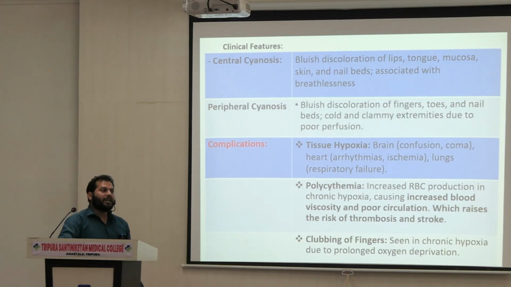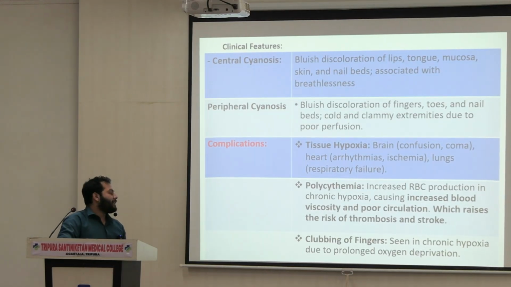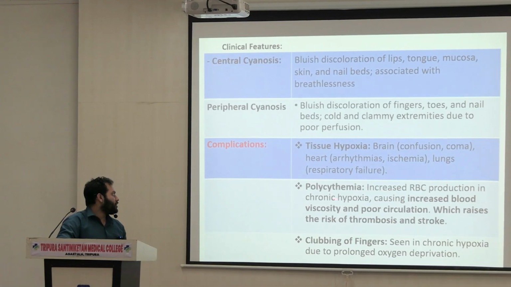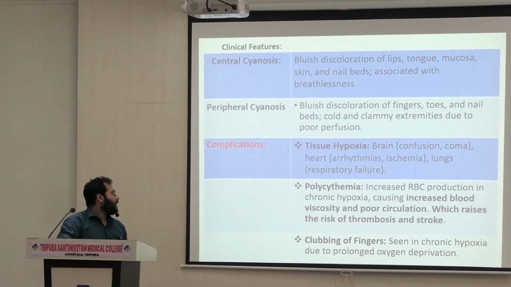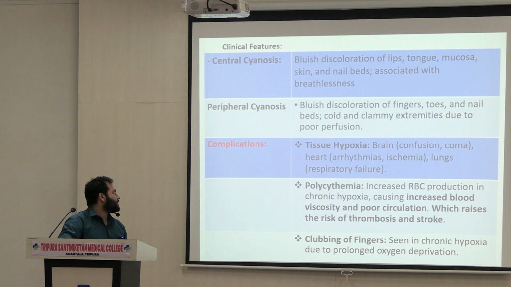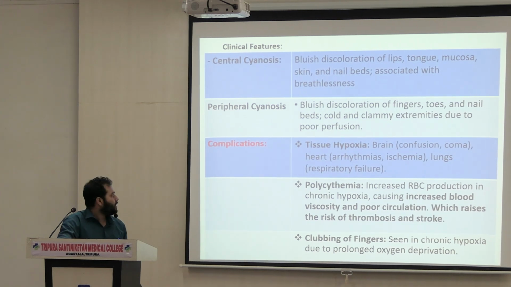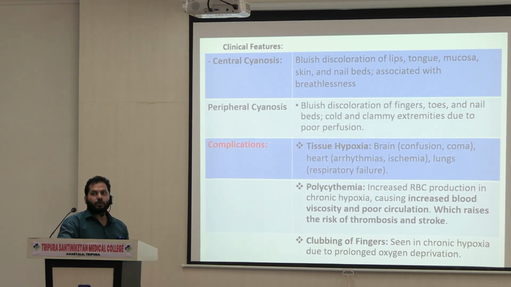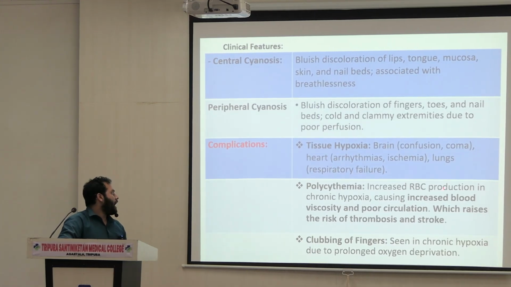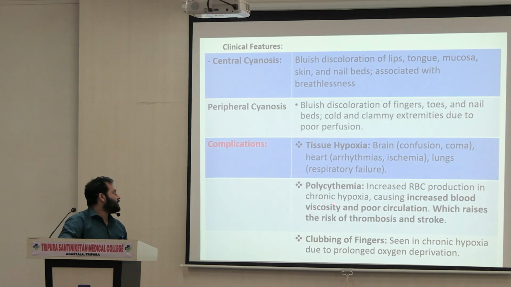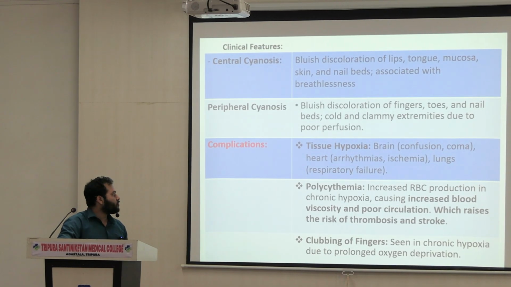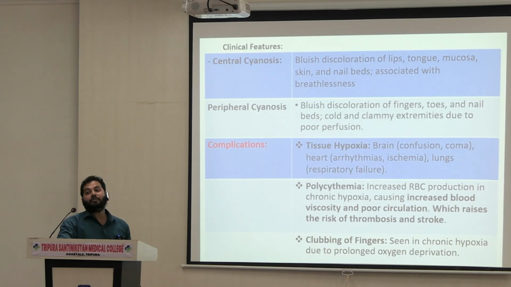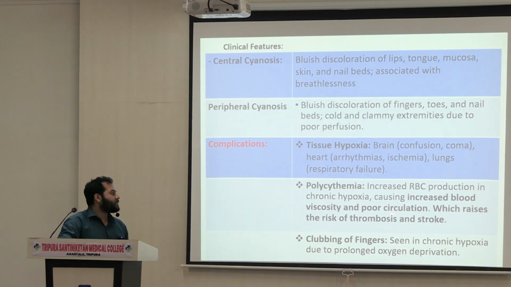Another important complication of cyanosis is polycythemia, right? So what are the features of polycythemia? It is the increased RBC production in chronic hypoxia, causing increased blood viscosity. So due to the increased amount of RBC production, there is a change in the viscosity of the blood. Due to the increase in blood viscosity, there is poor circulation.